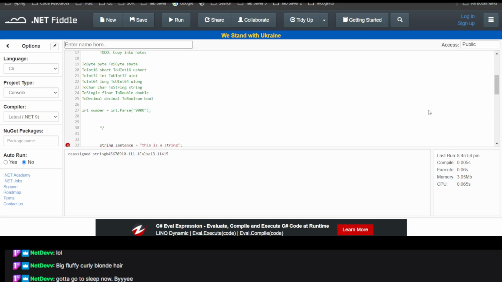Normal records are reference types, but record structs are value types. Interesting. I've never even heard of record before. Delegates. Oh, that's what they're called. You can define your own.